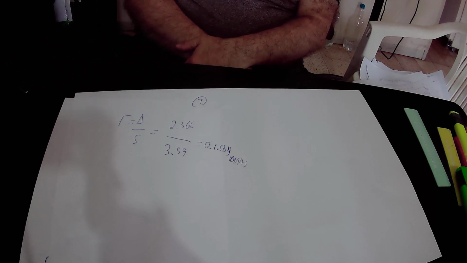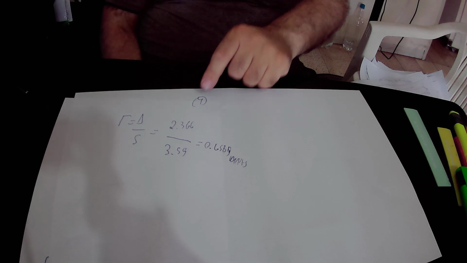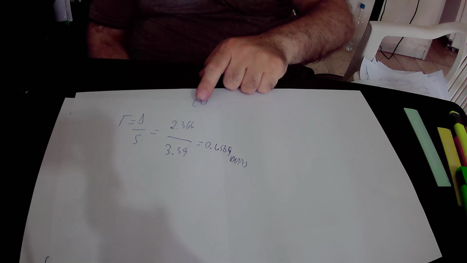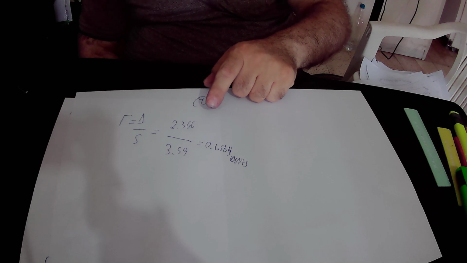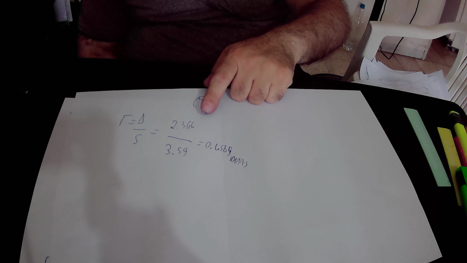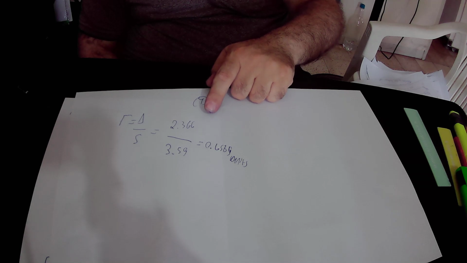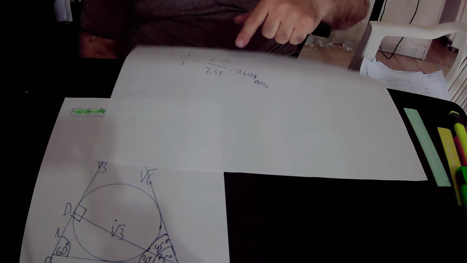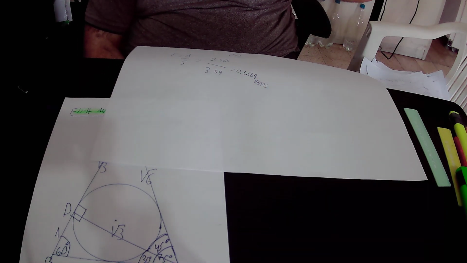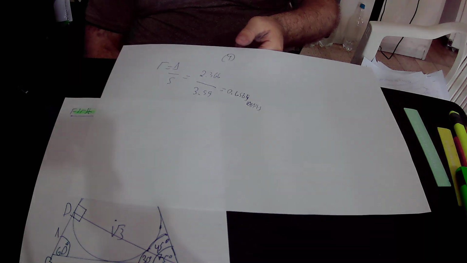The area is 2.366 square units, and the semi-perimeter is 3.59 units. When we divide these two numbers, we get that the radius of this circle equals 0.658 units.